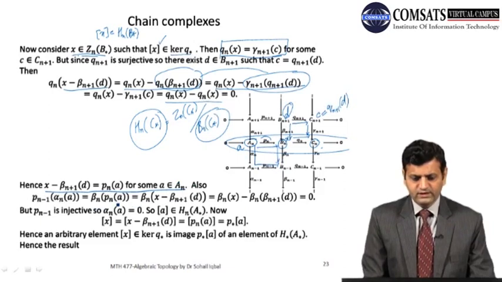But Pn of A is equal to X minus beta n plus 1 of D due to this condition.